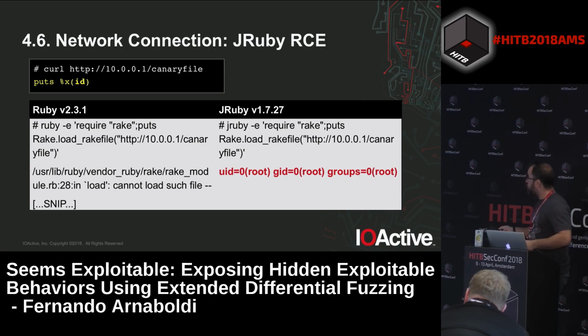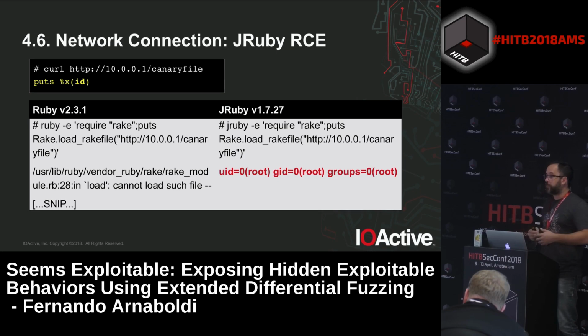So you can request a Ruby file and execute it remotely. And if someone embeds this in an installation file of a Ruby program, you can execute code by requesting remote code. So you may embed the exploit and then do something with it.